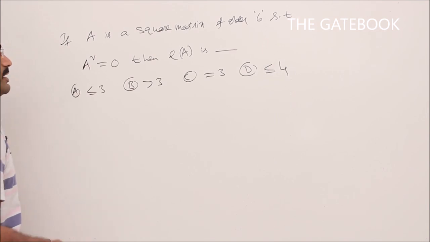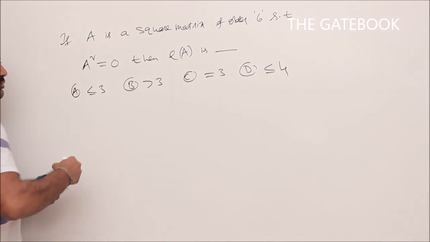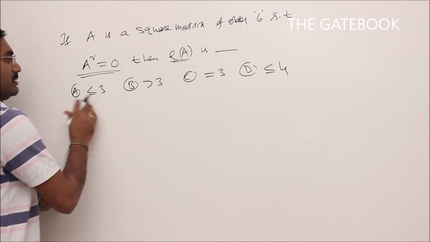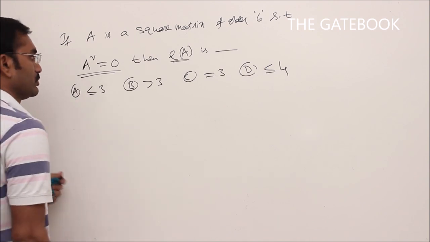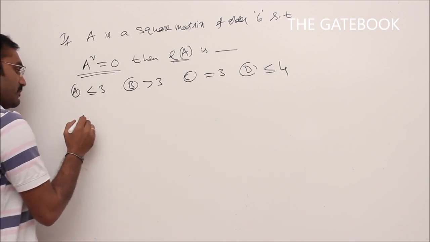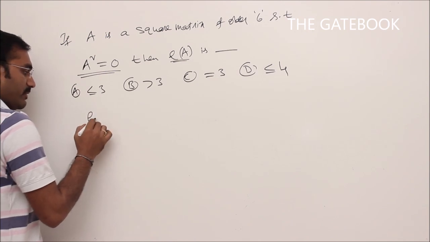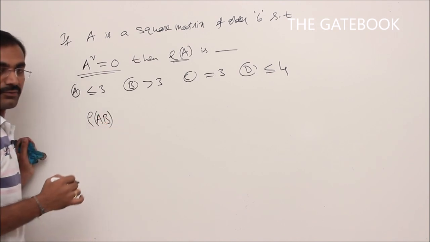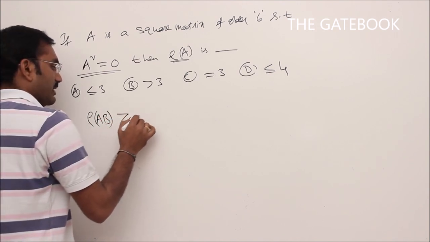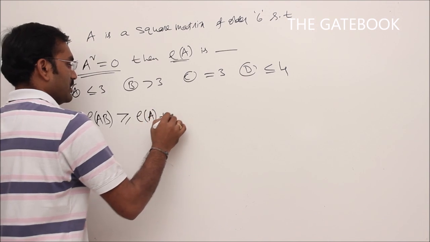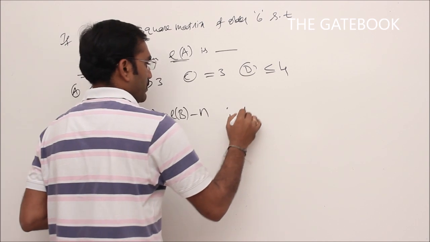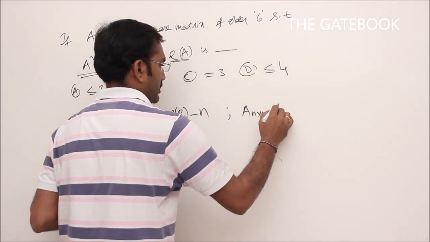Next problem on rank. If A is a square matrix of order 6 such that A square is equal to 0, where 0 means a null matrix, then rank of A is given, options A, B, C, D. To solve this question, we have to apply one property of rank of a matrix, that is, the rank of the product of two matrices AB is always greater than or equal to rank of A plus rank of B minus n, where A and B are matrices of order n by n.